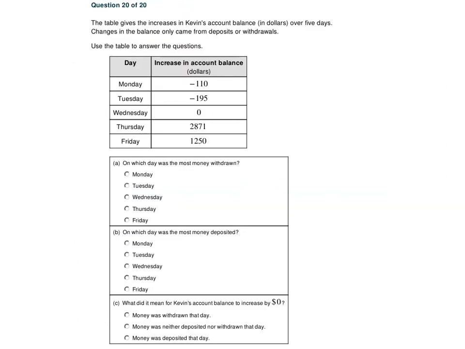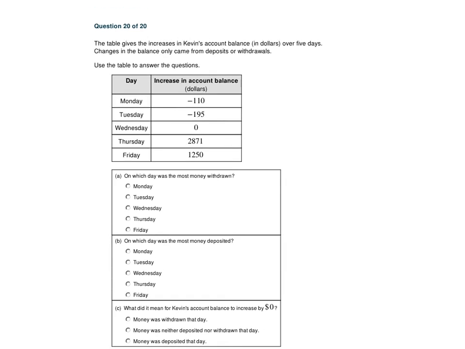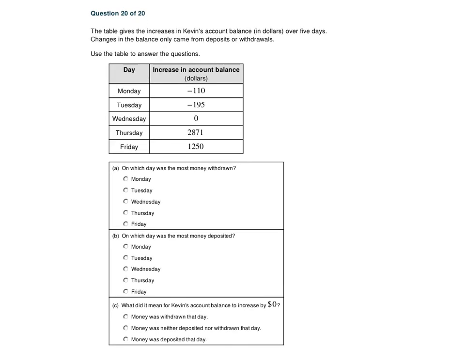Then our last question, question 20 here, says the table gives the increase in Kevin's account balance in dollars over 5 days. Changes in the balance only come from deposits or withdrawals. So essentially, if you look at each day, it's almost as if you were to start each day with $0, because we don't know what Kevin started with.